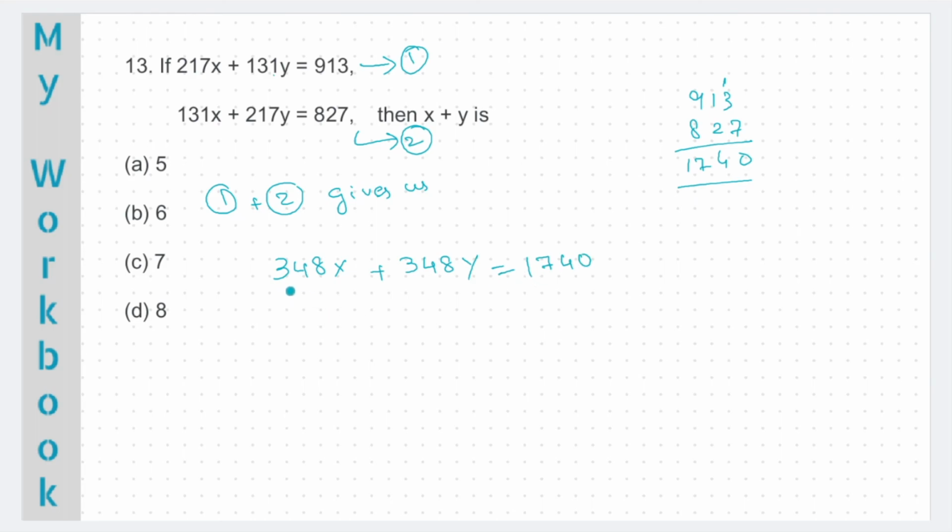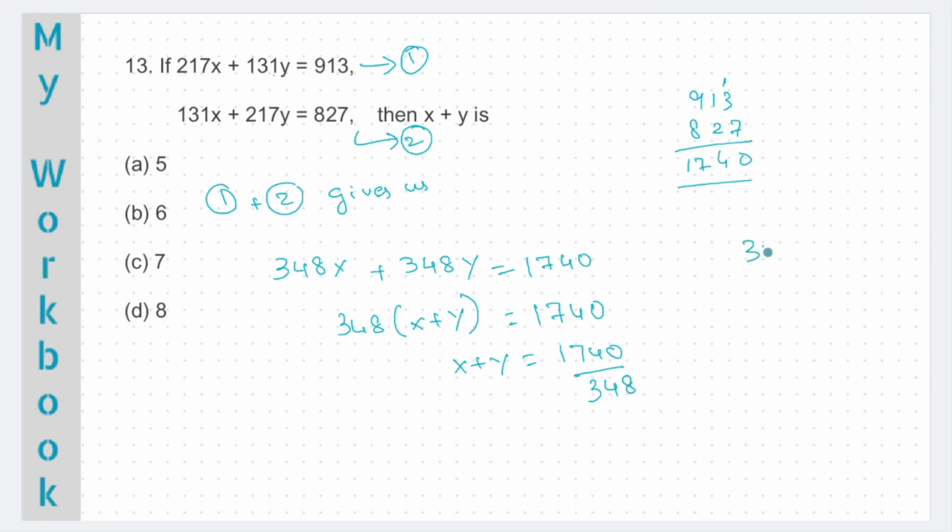So here 348 can be pulled out as common. 348 into x plus y is equal to 1740. So x plus y is 1740 by 348.